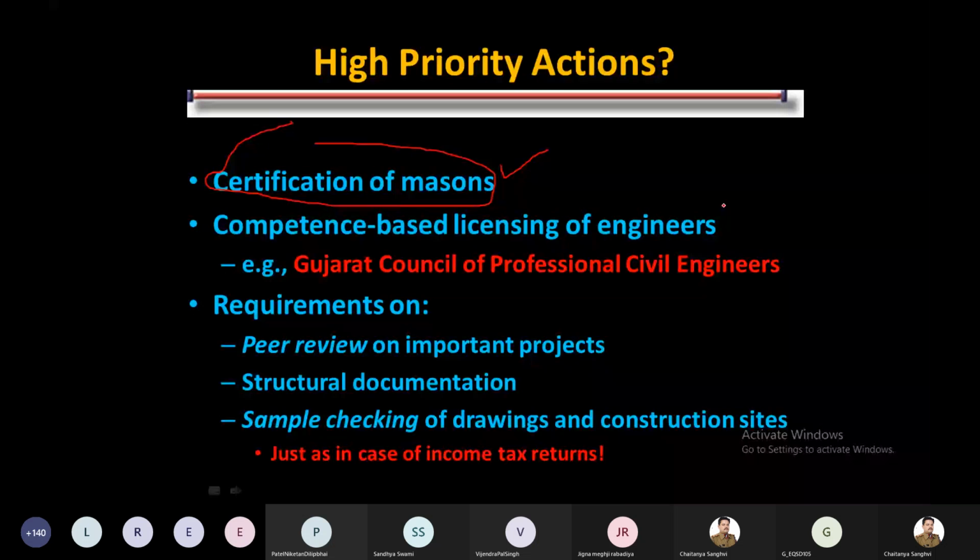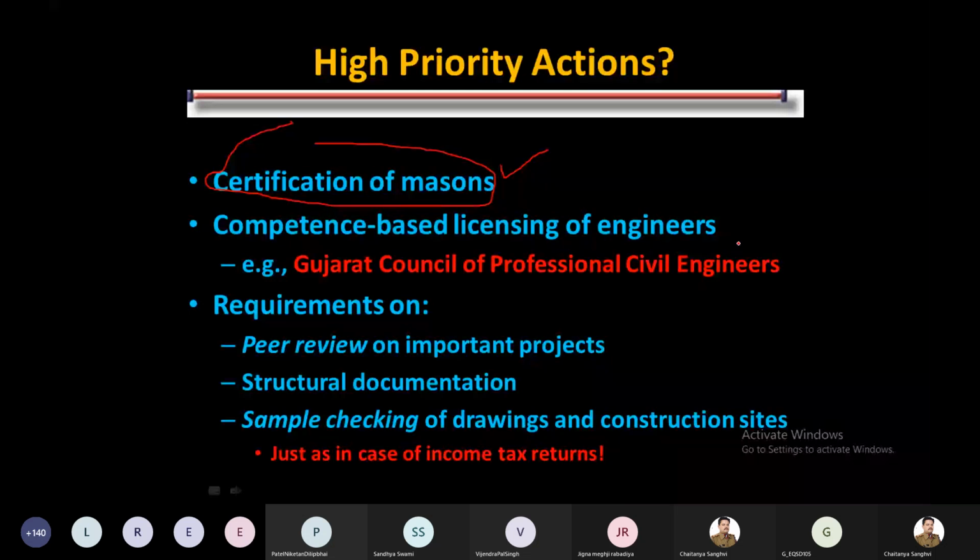Suppose I completed my Bachelor of Engineering, and now options are available that I can do my BE Civil without taking more subjects of structural engineering, right? Then I go to the field.